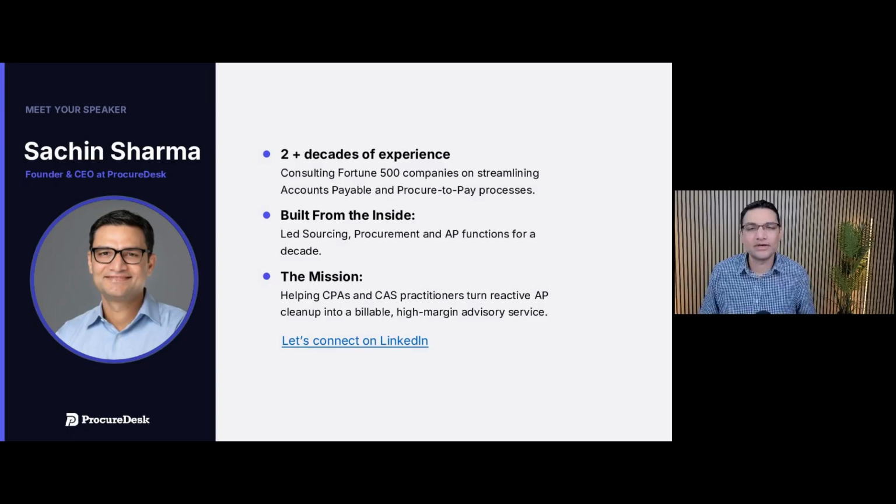So I wanted a tool that is easy to use and doesn't break the bank. That's why we built ProcureDesk: to help growing companies set up controls around procurement and AP without investing a lot of money into the process. Our mission is to help CPA and CAS practitioners turn the reactive AP cleanup work they do into a billable, margin-based advisory service.